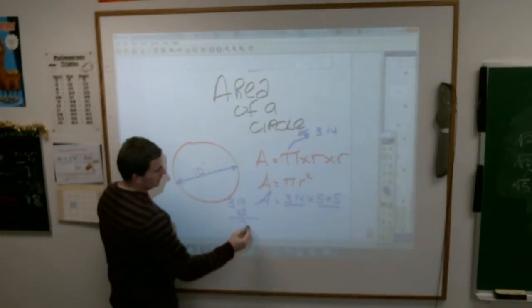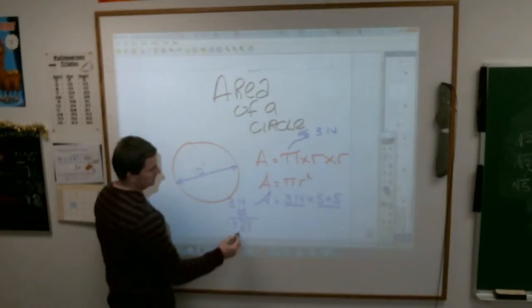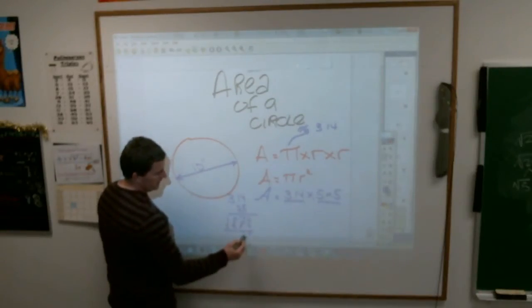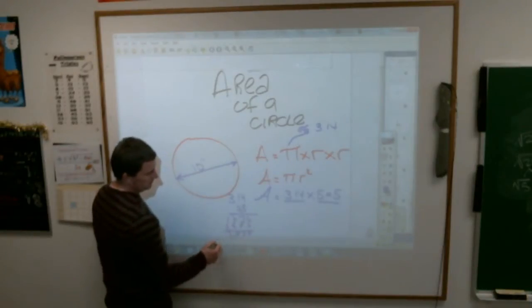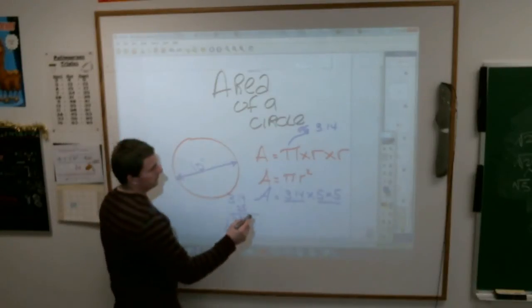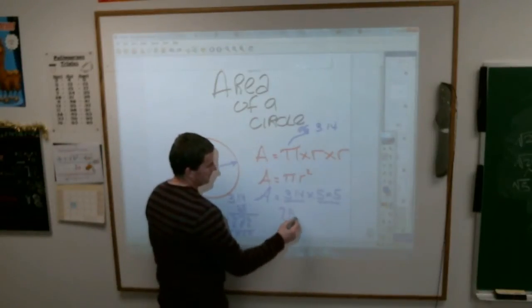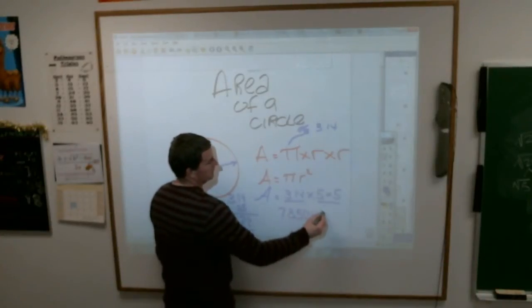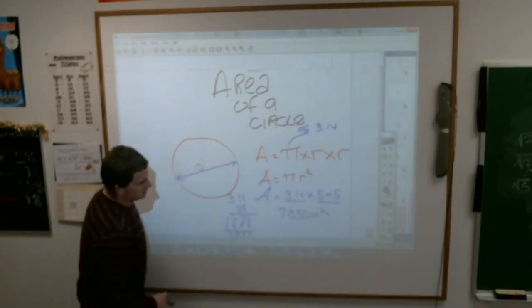What do we get? 70, 15, carry the 0, 8, 2, 6. Oh, it is. 78.5. Does that look right? 78.50. Area is always in square units, so it's 78.5 inches squared.